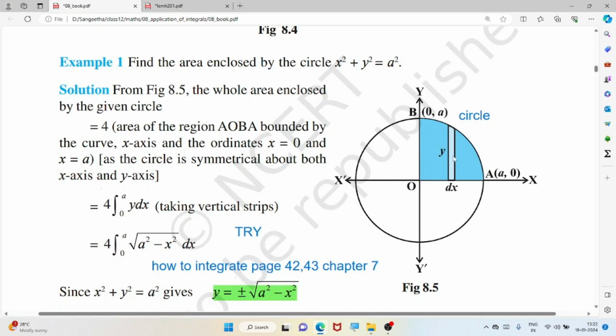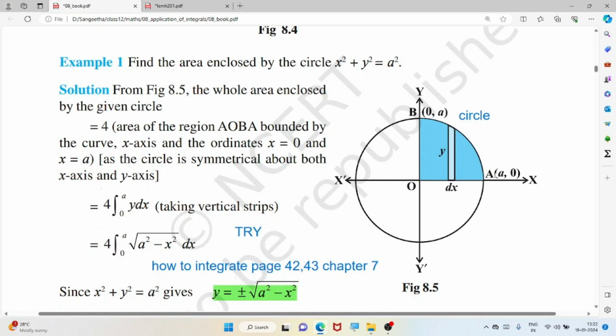This side is also the same, this side also the same. So we take the area of this one quadrant only and multiply it by 4, since there are four equal areas. Even if it is negative, we take the modulus, so it comes out positive.